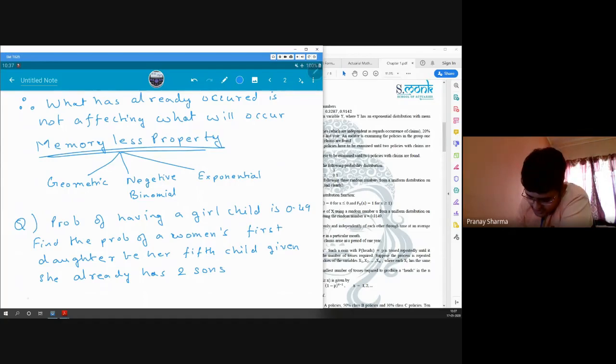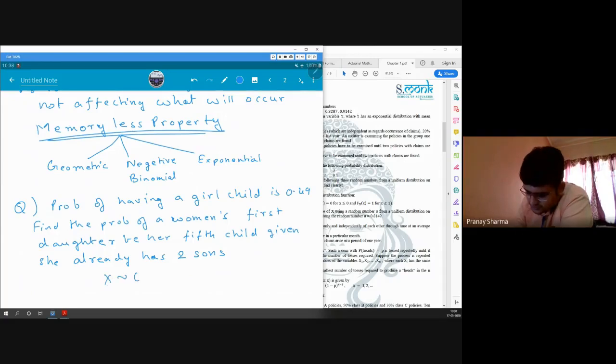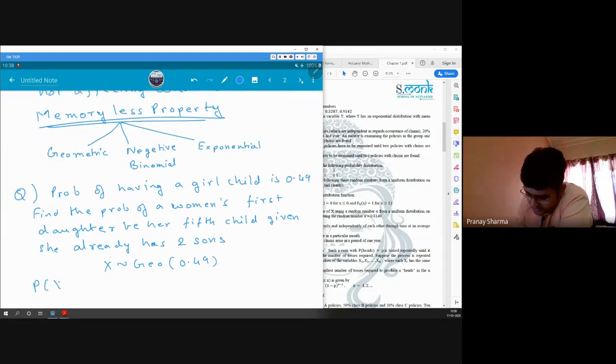So first of all this is a geometric distribution because we are talking about our first success. We are saying X follows geometric, and theta is going to be 0.49. Then we need to find the probability that X equals 5 given X is greater than 2. Using this memoryless property, we can say this is nothing but the probability that X equals 3. We can skip these two values.